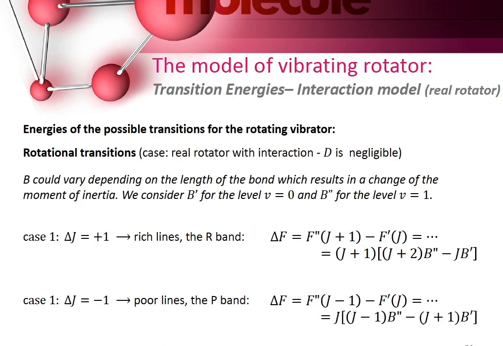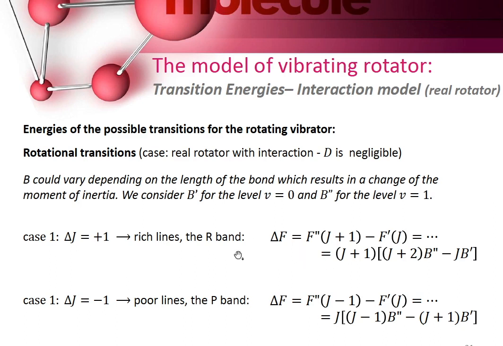So now we are no longer in the first approximation case, so we are in the real case where we do have an interaction between the rotation and the vibration of the molecule. And in this case, we consider first a negligible value of the distortion, meaning that we consider that the rotator is rigid, but with interaction between the two modes of vibration and rotation.